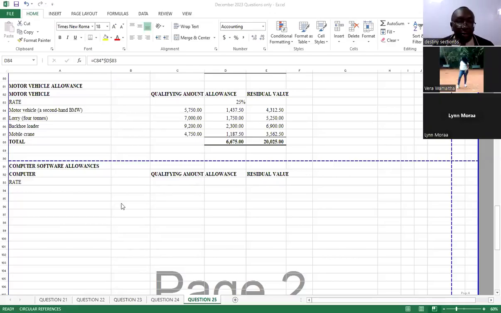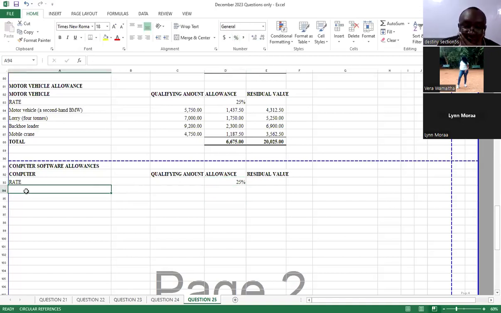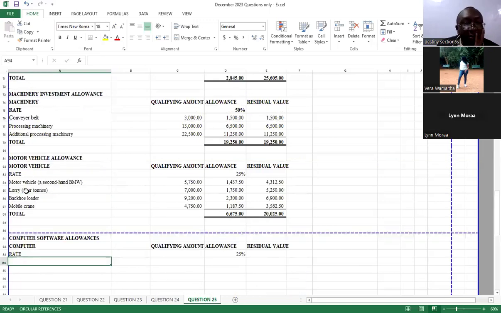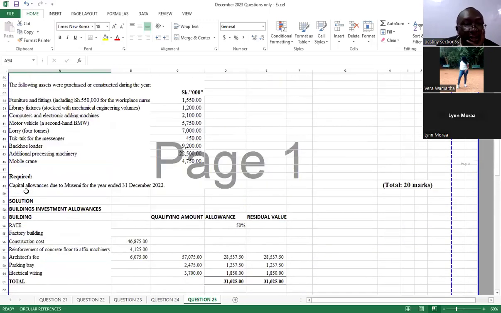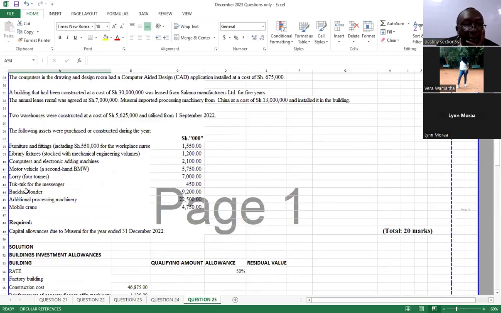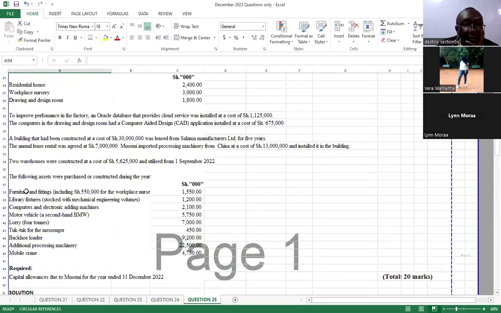So for the computers, the rate is also 25%. And their software. The first thing that we see is the Oracle database. They have mentioned that they bought this one, Oracle database, at this amount.